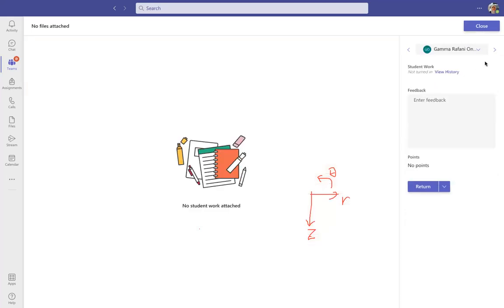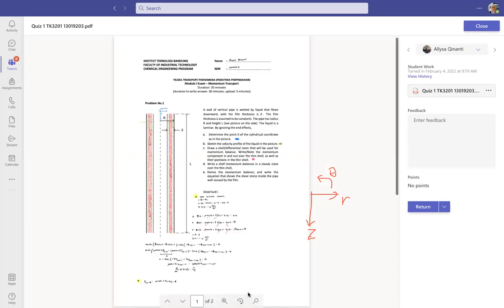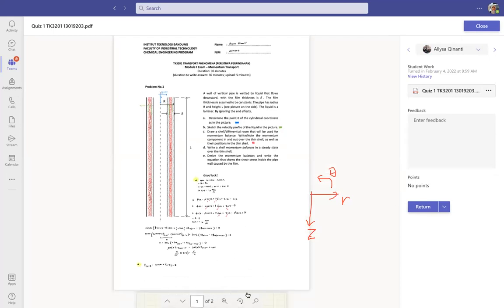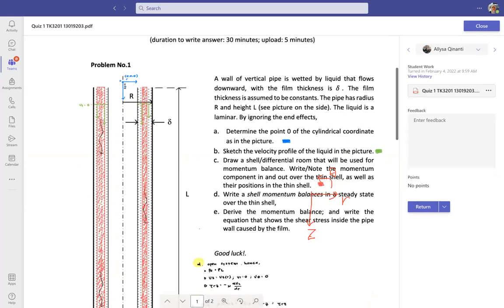Okay, Gamma is not submitting. Alisa. Yeah, Alisa, okay. Alisa, you really need to make sure that you put it at 0.